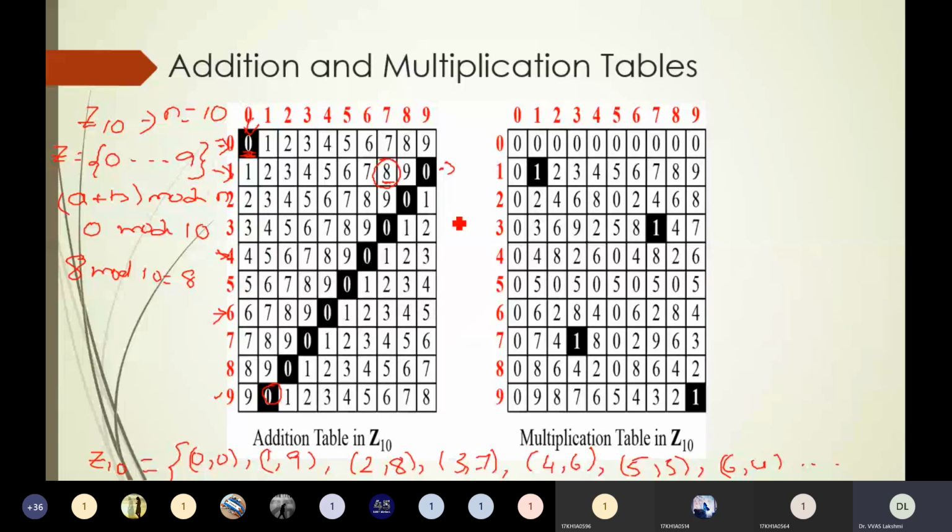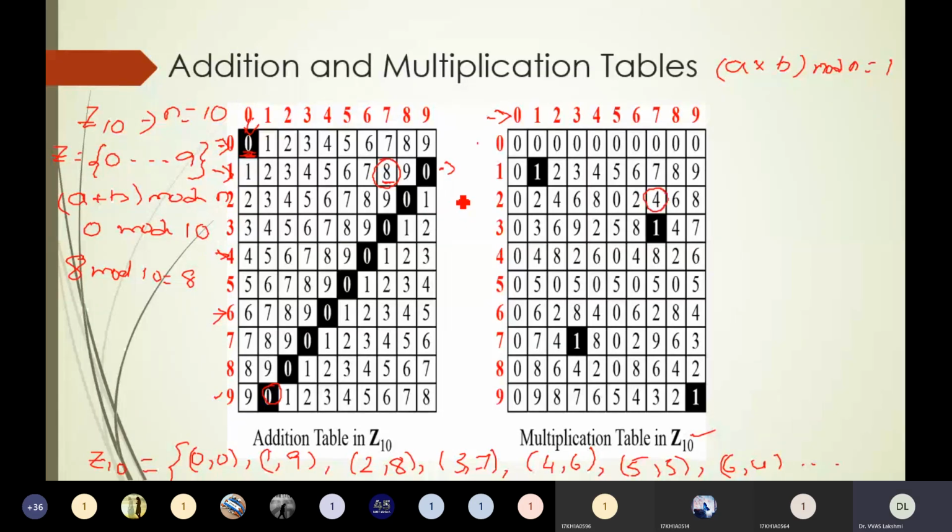In the same way, for multiplicative inverses, what is the formula? The multiplicative inverse formula is a into b mod n is equal to 1. Here also the Z value is 10. That's why we take the row values from 0 to 9 and the column values also 0 to 9. Suppose we calculate this value.